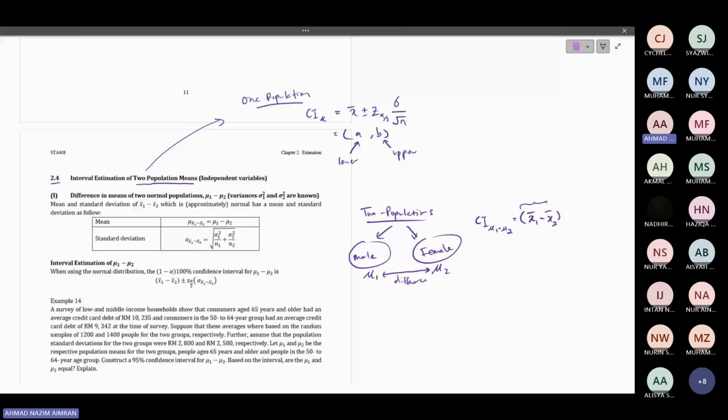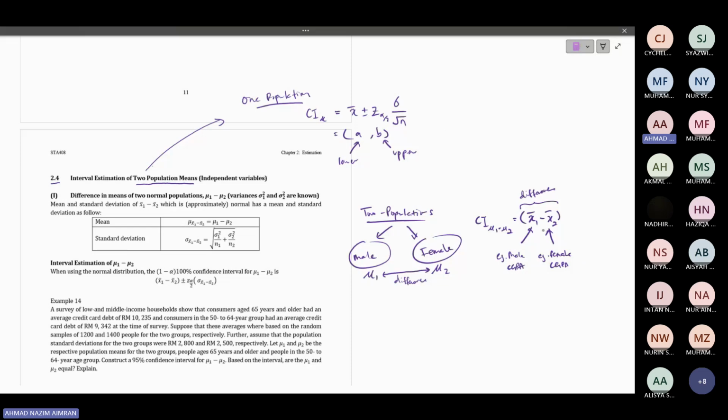This is the difference. Let's say x bar 1 is the male student CGPA and x bar 2 is the female CGPA. Subtracting x bar 2 from x bar 1, we get the difference of CGPA between the two populations.